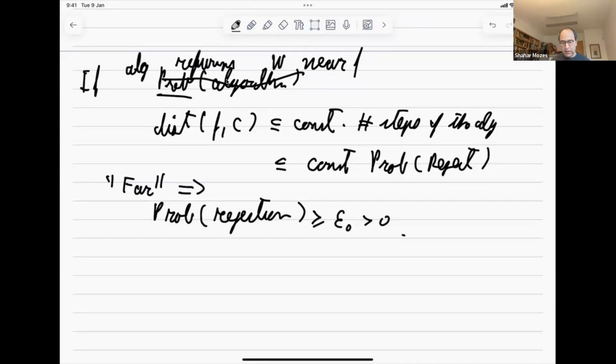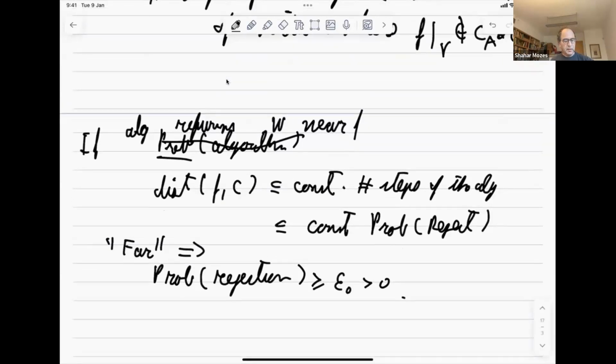So there's this algorithm which I won't have time to describe, but I'll just say in words what it does. The algorithm takes the word F that you're given, and it looks at each vertex, whether it belongs to the tensor code or not. And then at each vertex, it chooses a word in the tensor code, in CA tensor CB, which is as close as possible to what it sees locally there.